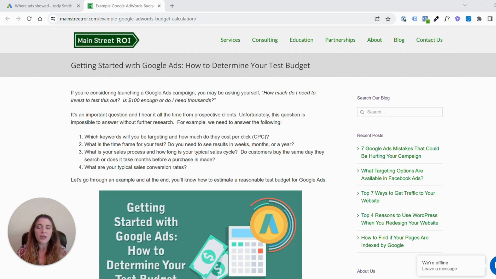The Google Ads budget can vary greatly depending on what your marketing goals are, what your industry is, how much competition there is, and it could also have to do with where you are located.